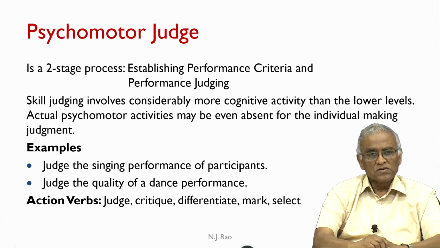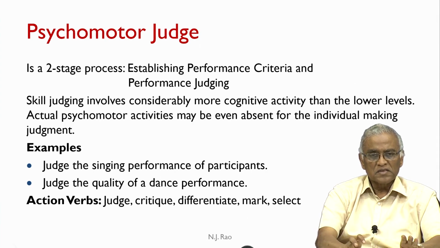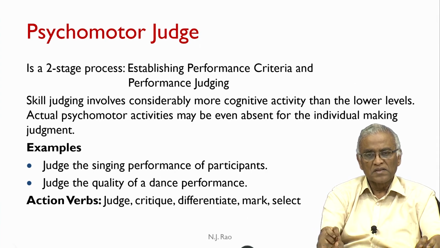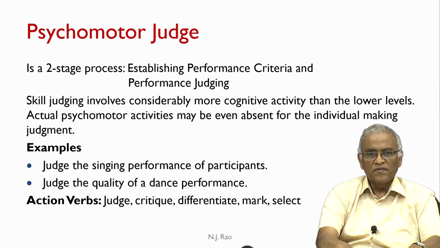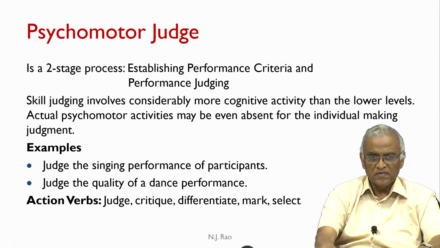So, skill judging involves considerably more cognitive activity than the lower levels. Actual psychomotor activities may be even absent for the individual making judgment. He may give an explanation like why he considers some performance is not acceptable. In that process he may demonstrate, but judgment itself does not require any kind of psychomotor activity.